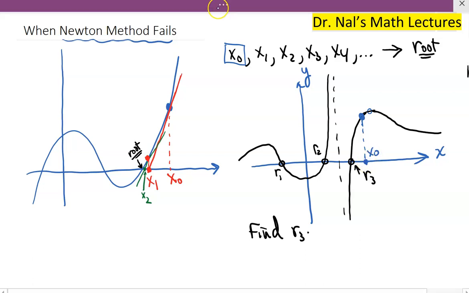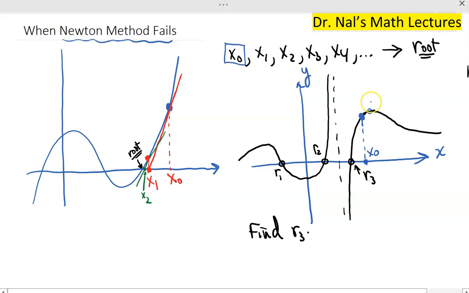Like we do all the time, we can just draw the tangent line at that point. When we draw the tangent line, the point where it hits the x-axis, in this case this point, will be the value of x1, at which point we evaluate the function here again. We draw a new tangent line and so on. Wow, look at that.